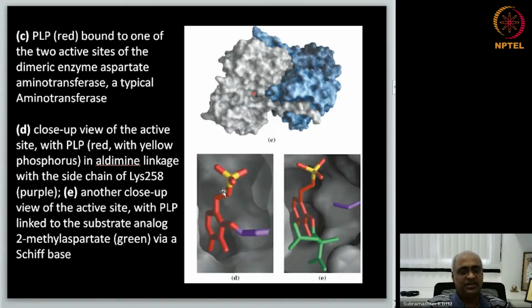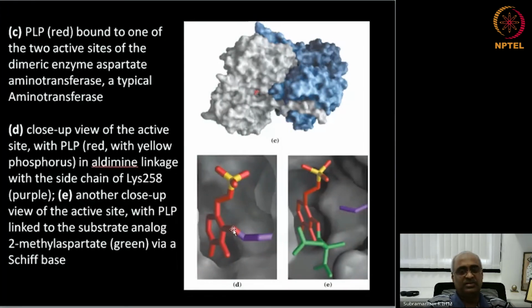This is the pyridoxal phosphate, and this yellow is the phosphorus to which you have these oxygens attached, and this is the lysine side chain which is in a Schiff base with the pyridoxal phosphate. Okay, and this is another view of the same thing where you have the aspartic acid analog, methyl aspartate, in a Schiff base with the pyridoxal phosphate.